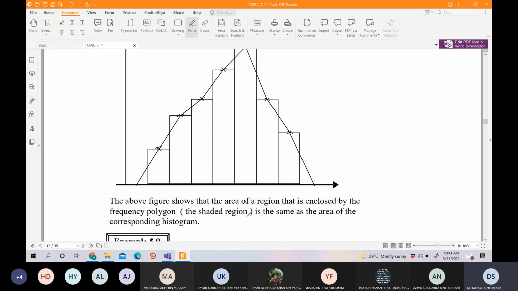So where is the shaded region? Muhammad Irfan, where is the shaded region? When we say shaded region, is this one considered a shaded region or not?